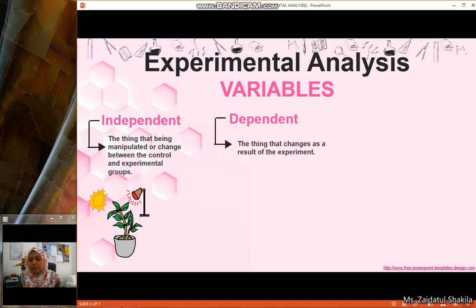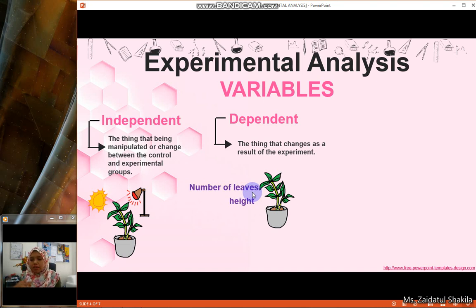Second is dependent variables. Dependent variables are the things that change as a result of the experiment. For example, at the end of the experiment, what you want to measure is the amount of plant growth. Maybe you want to look at the height of the stem of the plant, or maybe the number of leaves.